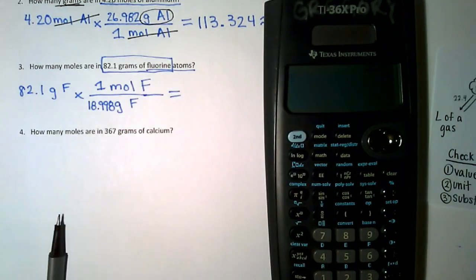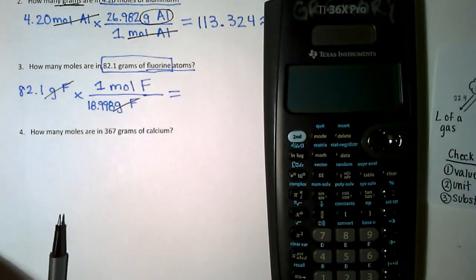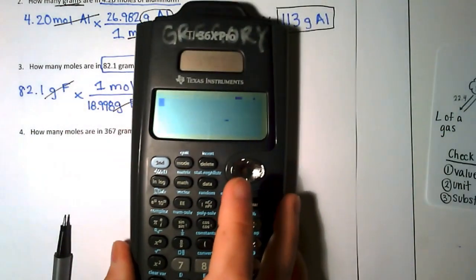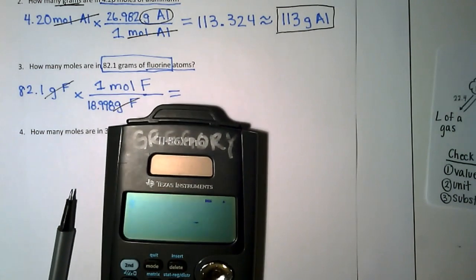All right, now we just need to multiply and divide out. Grams of fluorine cancels as grams of fluorine. And we, this time, need to take 82.1 and divide by our molar mass. 82.1 divided by 18.998. And that gives us 4.3215.